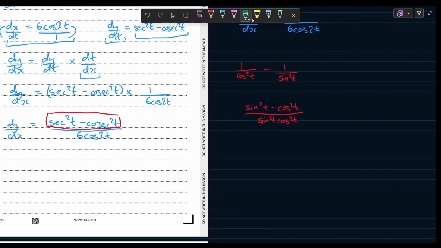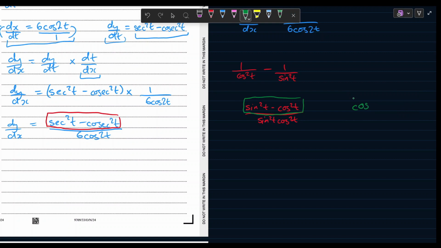And notice how this part is quite similar to cos 2x, which is identical to cos squared x minus sine squared x. In fact, let me use t so that it's even more apparent.